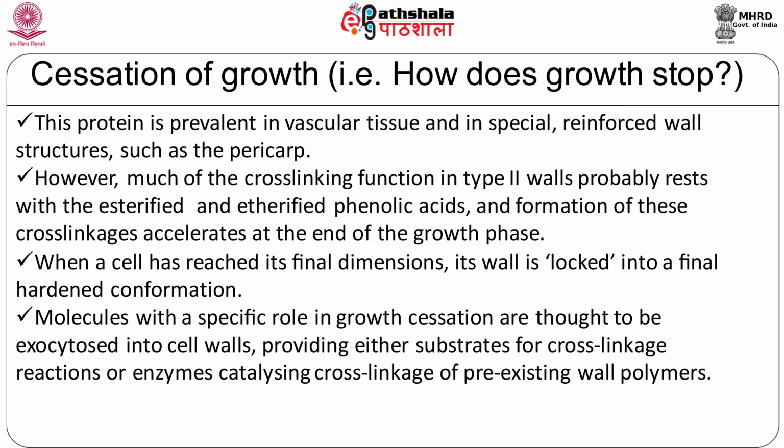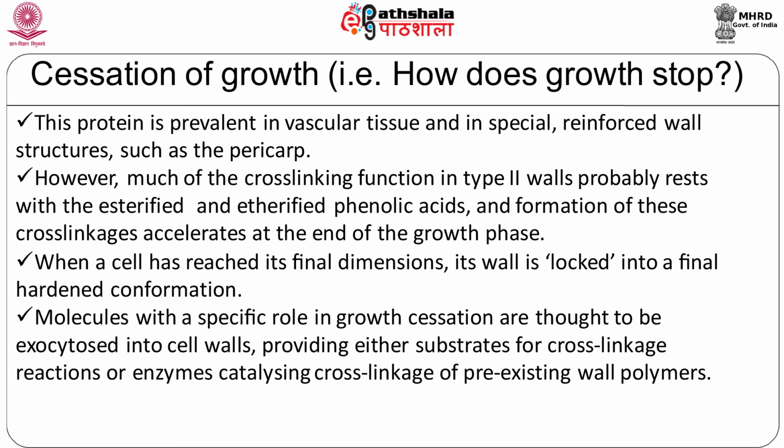However, much of the cross-linking function in type 2 walls probably rests with esterified or etherified phenolic acids, and formation of this cross-linkage accelerates the end of the growth phase.